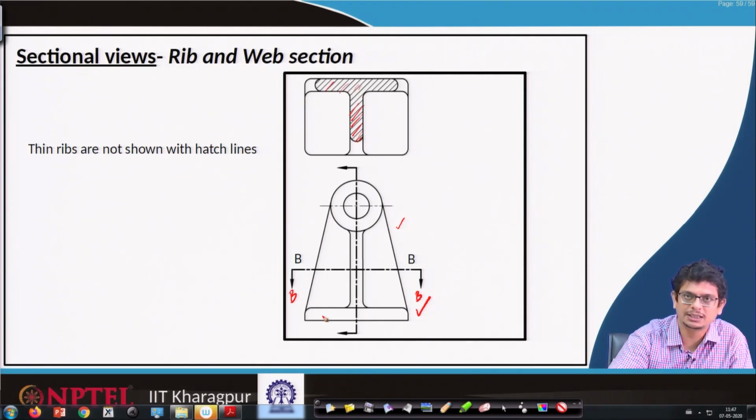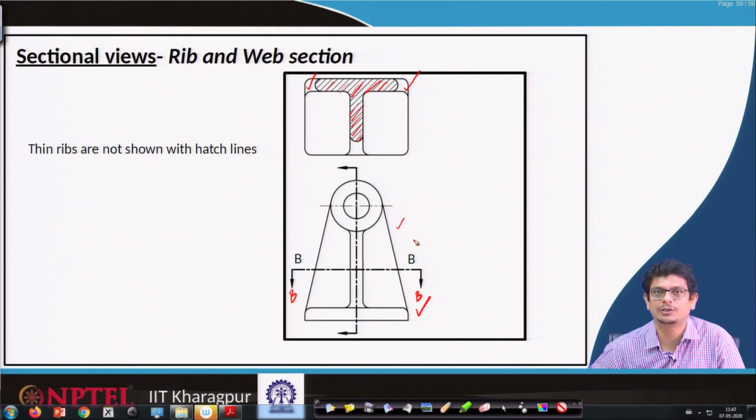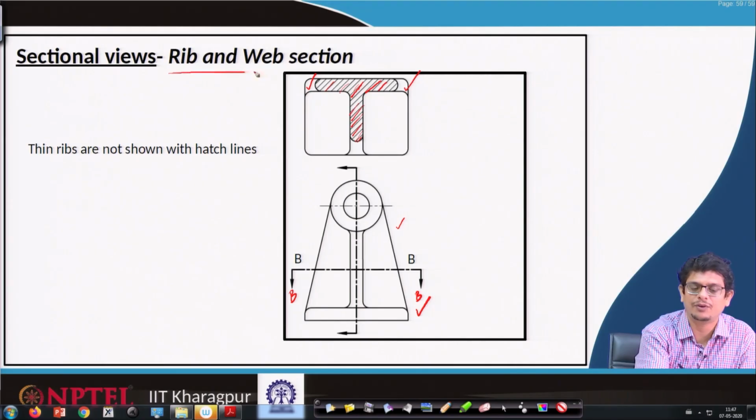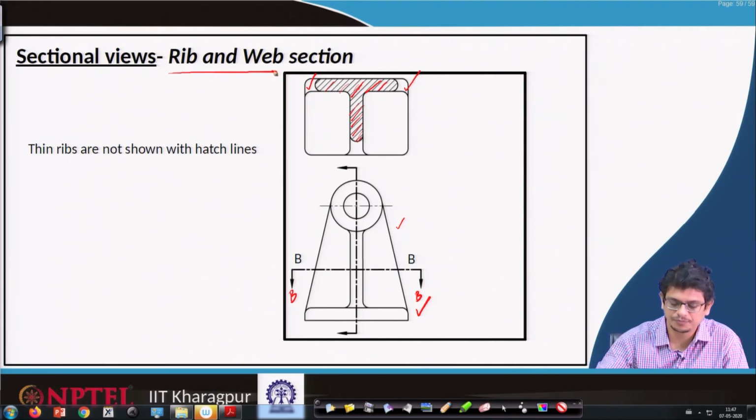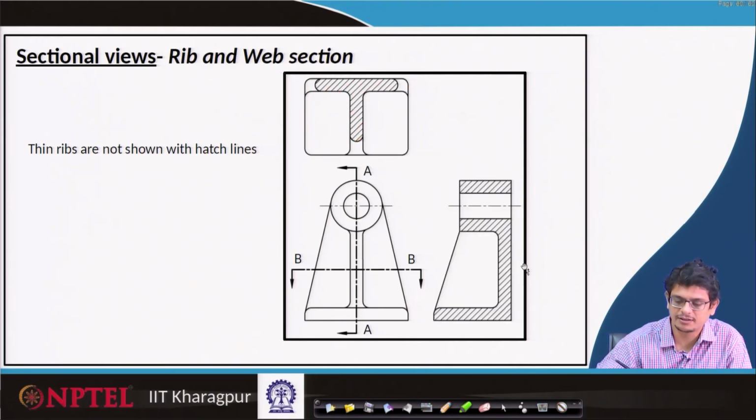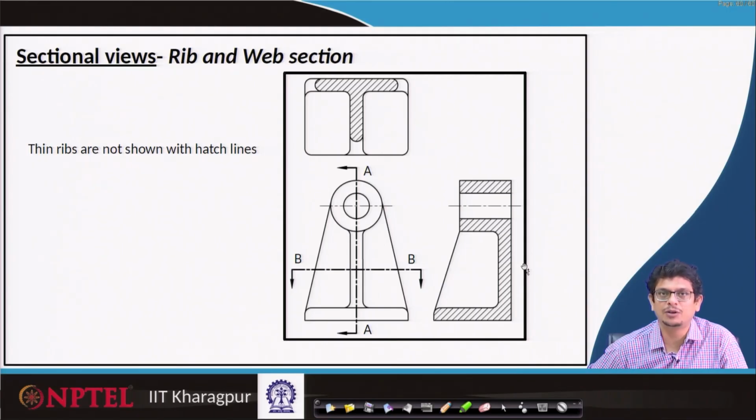The bottom is clearly visible, only the tapered middle one we have removed. So, finally, the section looks like that. If we show such things, we call them rib and web sectional representations. Based on both views, we will be in a position to understand the three-dimensional projection of this object.